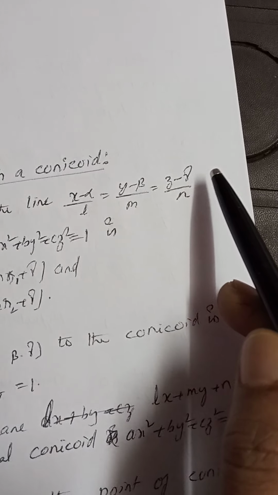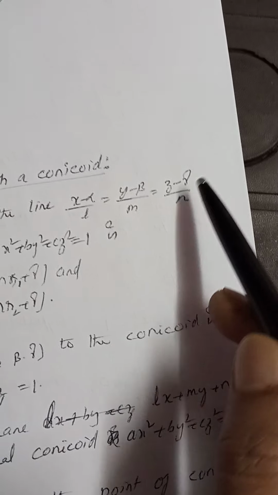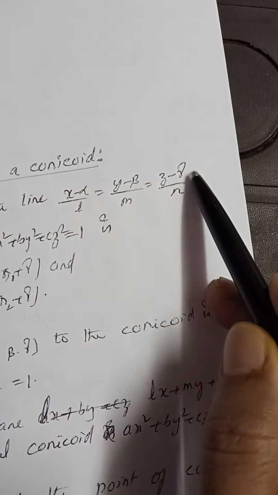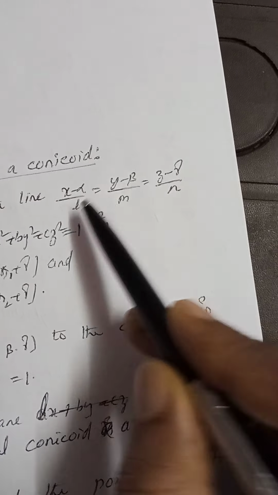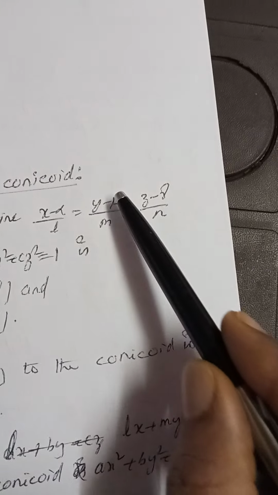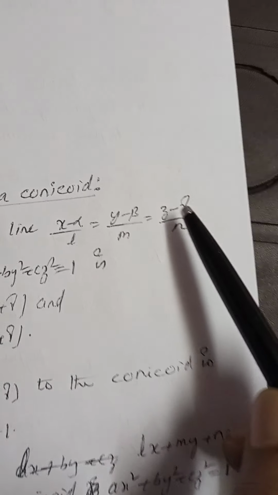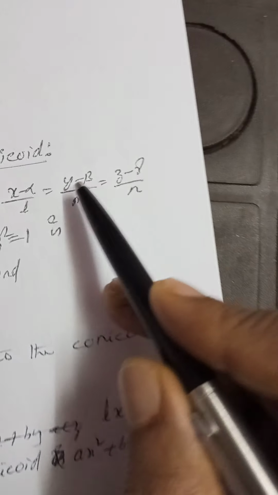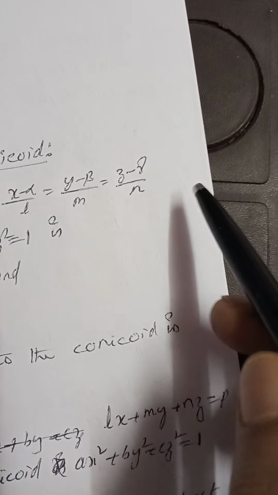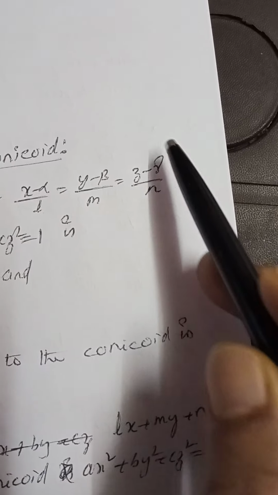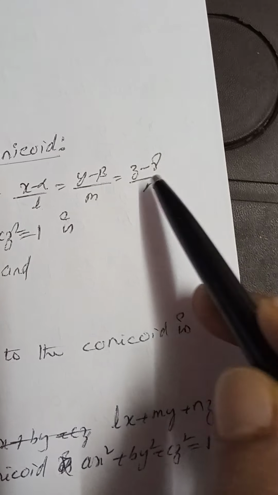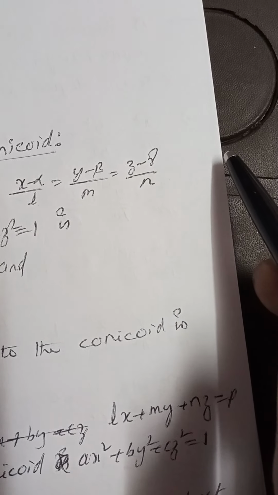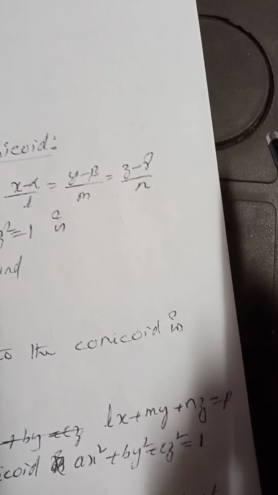x - α = lr, so x = lr + α. Similarly, (y - β)/m = r, so y - β = mr, y = β + mr. Similarly, (z - γ)/n = r, so z - γ = nr, z = γ + nr.